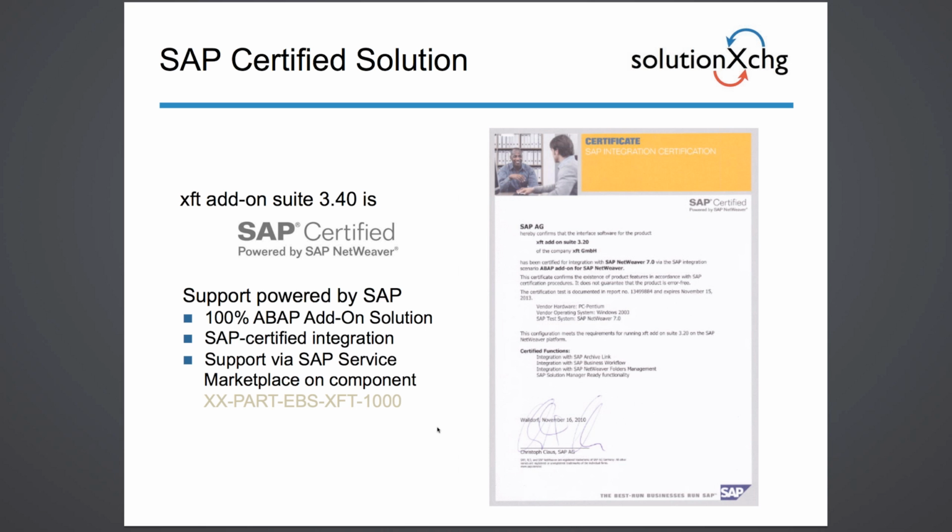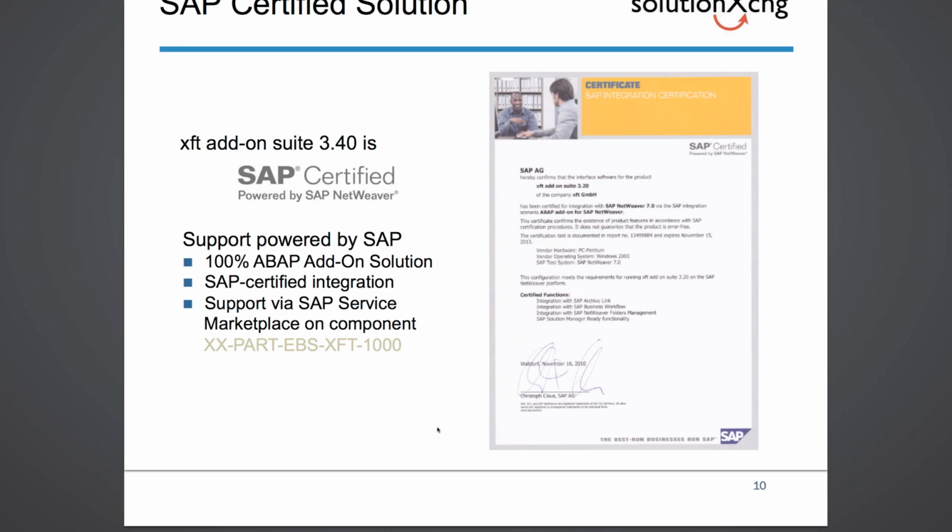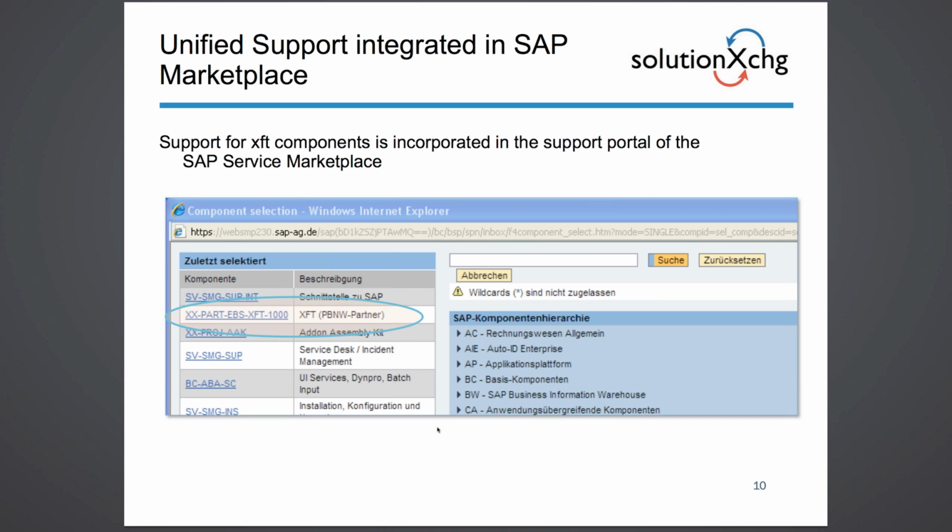And all the support is done through the SAP Service Marketplace, where XFT maintains a specific part number that allows you to start any query support request exactly the same way you start an SAP support request. You go into your SAP Service Marketplace, you enter your support number and create a request.